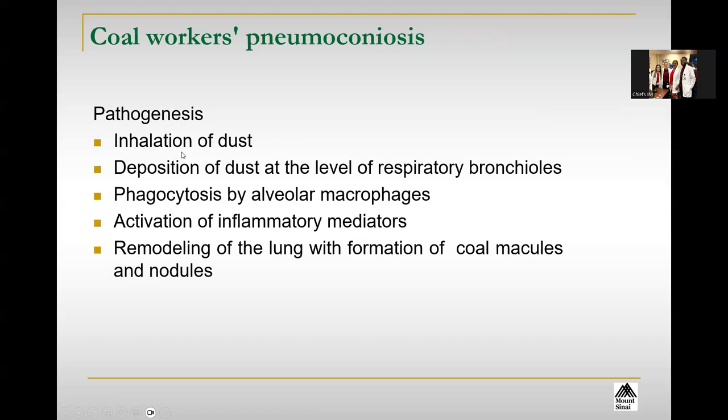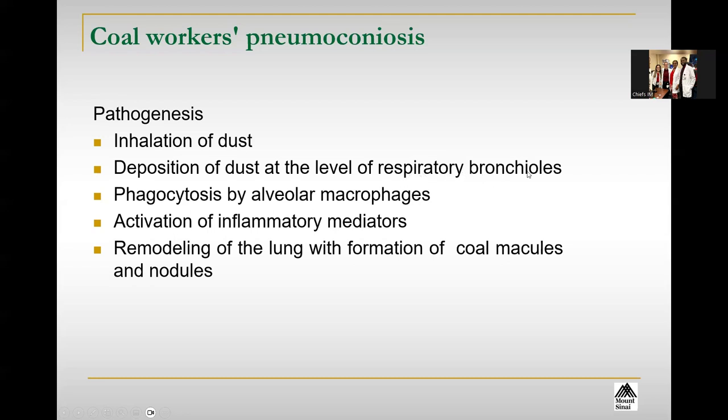Of course, the pathogenesis involves the inhalation of the dust, and the deposition of the dust at the level of the respiratory bronchioles. Those are the distal bronchioles that lack any cartilage in their wall, and there are alveolar ducts already branching out from them.